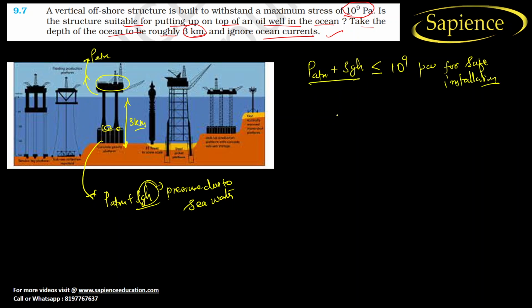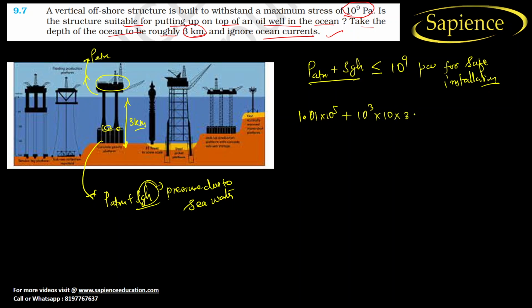So let us check what atmospheric pressure plus rho g h is. Here atmospheric pressure is 1.01 into 10 to the power 5 Pascal, plus rho, the density of water, which is 10 to the power 3, into gravity, which we take as 10, into height.